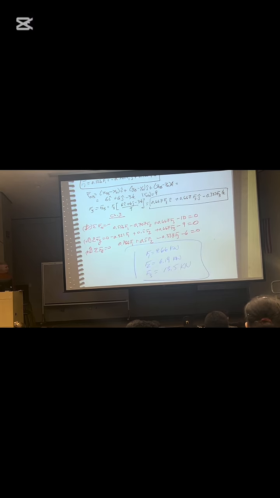If I solve this, F1 is equal to 9.66 kilonewtons, F2 is 6.19 kilonewtons, and F3 is equal to 13.5 kilonewtons. That's when you put it in your calculator and say, solve this set of equations for me.